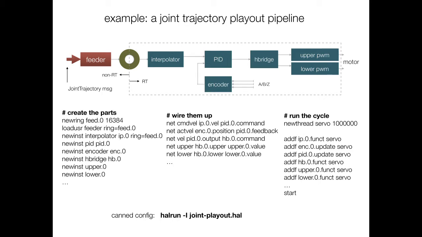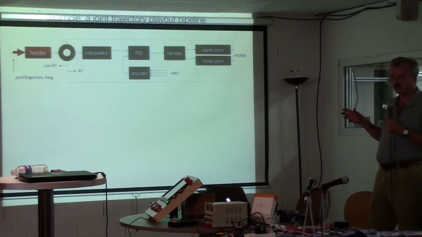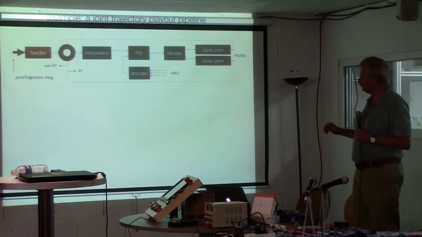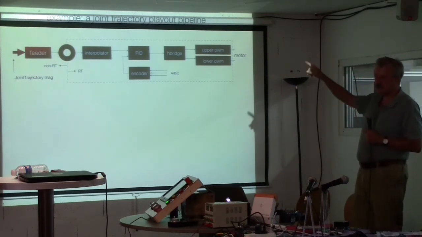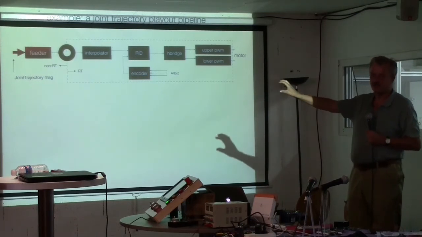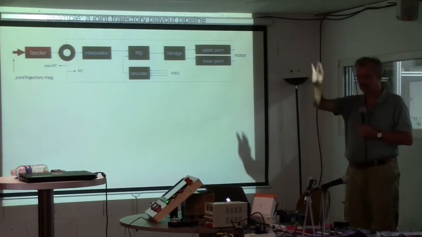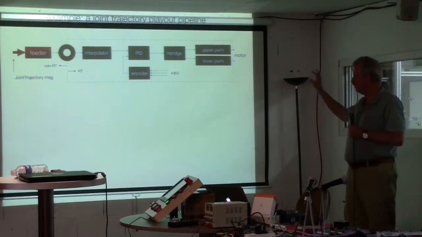But you have a couple of parts which are reusable. Those are quite generic. The interpolator, the PID loop, the encoder, they don't care what they are actually connected to. So you can take them and assemble them in new forms. That whole thing runs in a time-critical context, and that's why we have a bridging function, which is a very low latency queuing device between the non-real-time space and the real-time space.